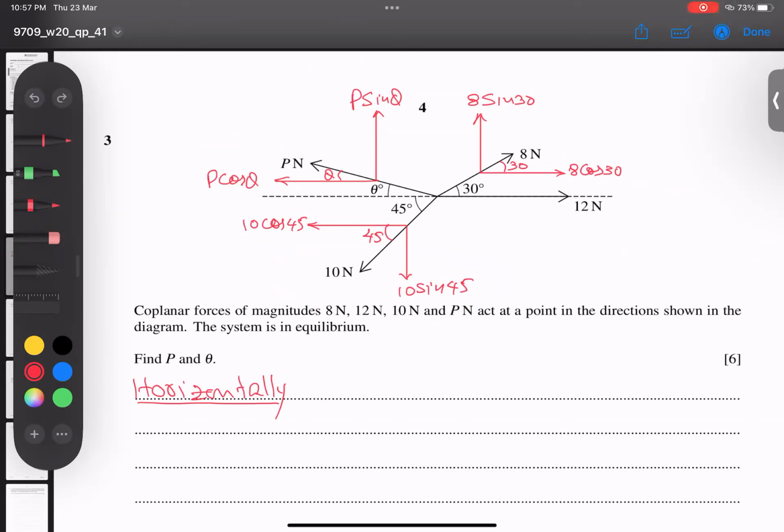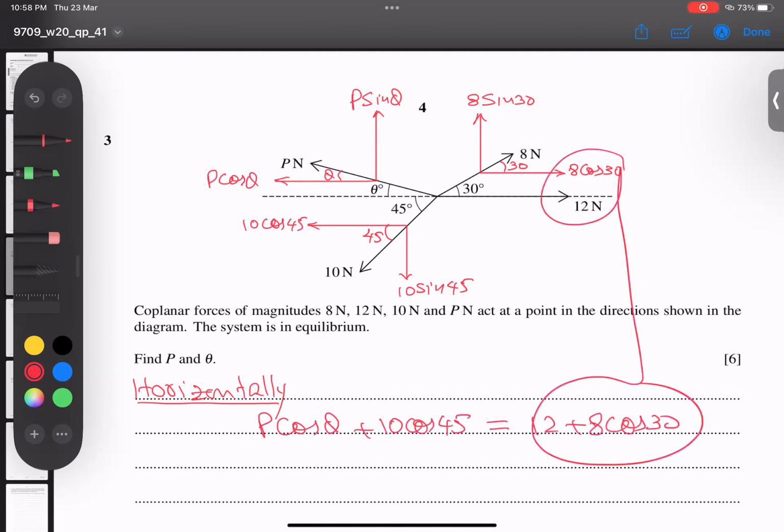So first of all, I will talk about horizontally. These two forces act rightwards, these two act leftwards. So I can say that T cos theta plus 10 cos 45 equals 12 plus 8 cos 30. Repeat: these two on the right, these two on the left, on the left and right hand side.